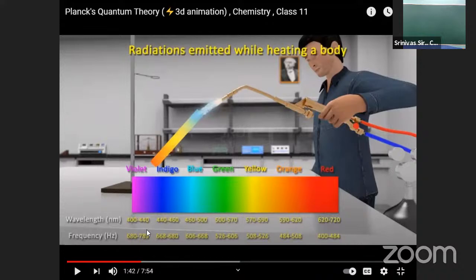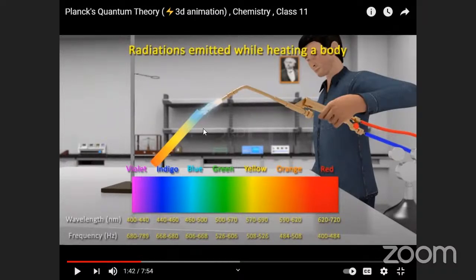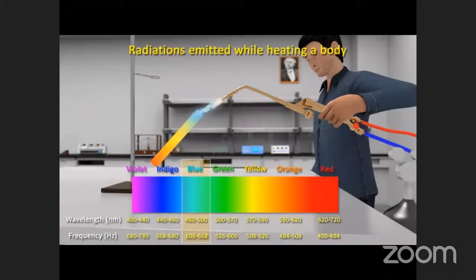Yes or no? Any more doubts? Okay, shall we proceed? Frequency of red light is lower than that of blue light.